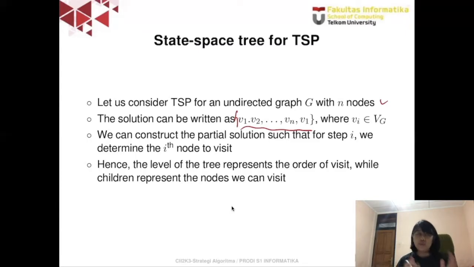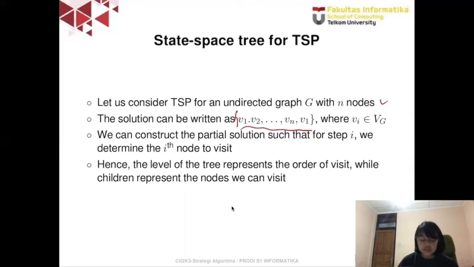So V1 is the departure city or initial node, and V2 is the node that is visited directly from the first node. And then V3 is the node that is visited after we visit the node V2, and so on until we visit the last node. We go back to the initial node.